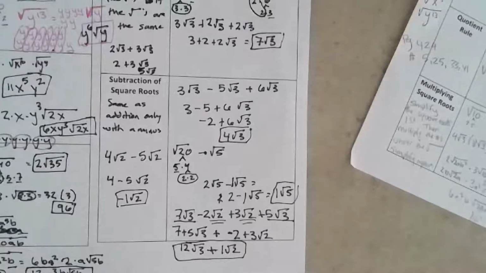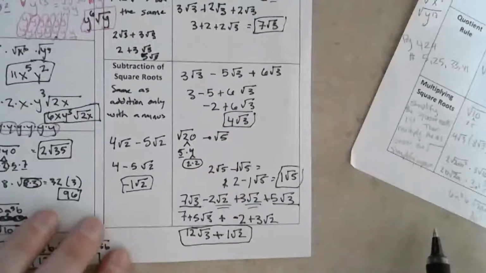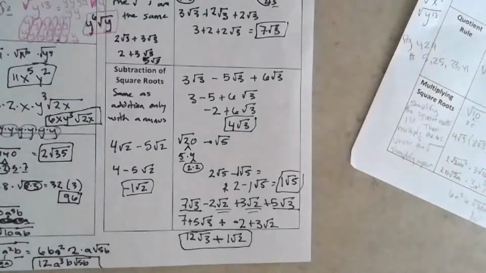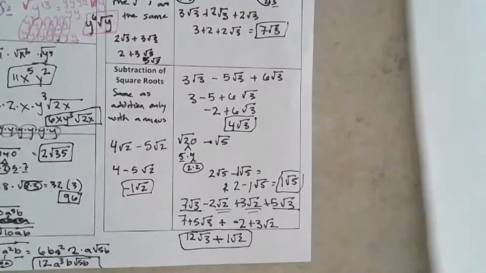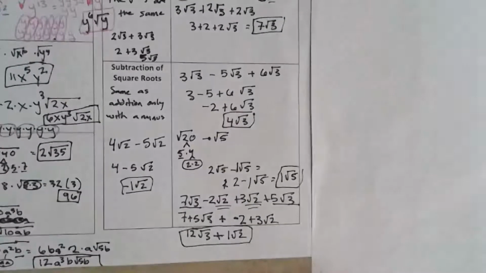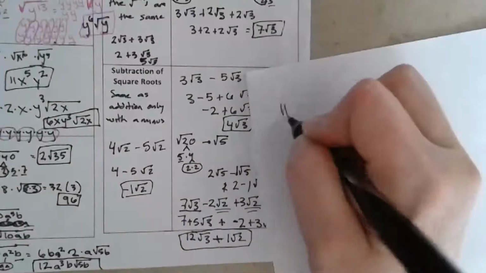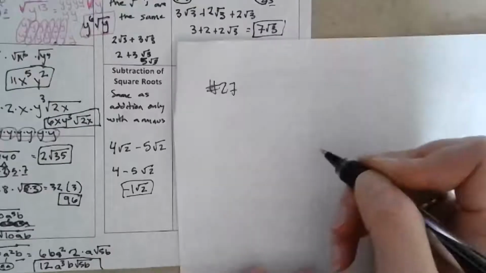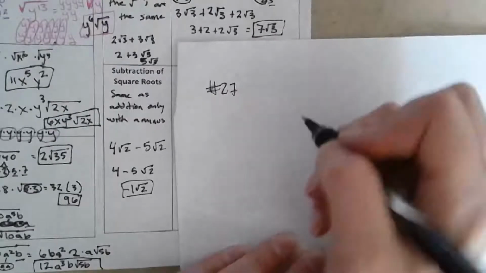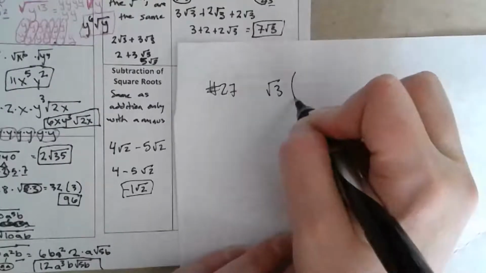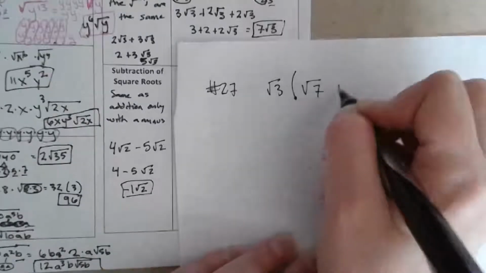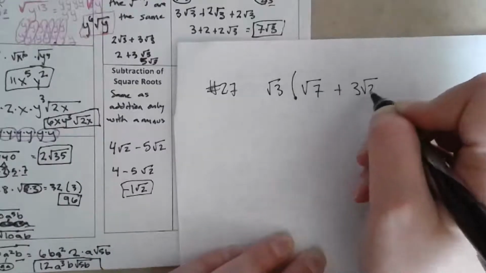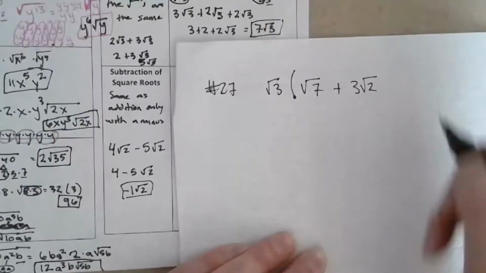I just want to look at number 27 real quick. You don't have to put this one in your notes. I will put it on a separate piece of paper, but I want you to be aware of number 27 in your assignment. Number 27 has square root 3 times square root 7 plus 3 square root 2.